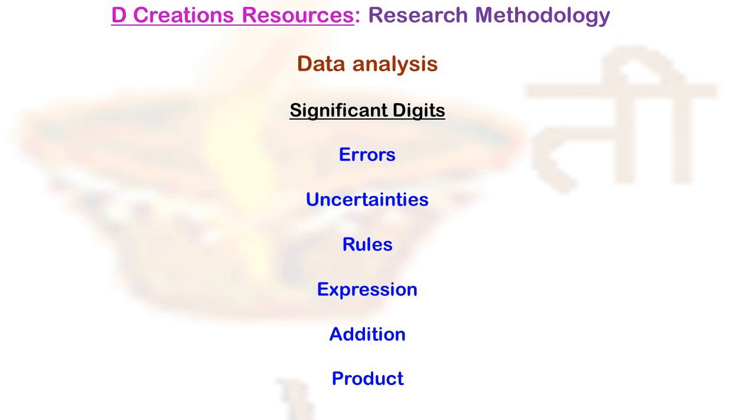So, what are these? Significant figures or significant digits are the meaningful digits in a number. There are some conventions which are followed in order to find out which are the significant figures. For example, a non-zero digit is considered significant in a number without a decimal place.